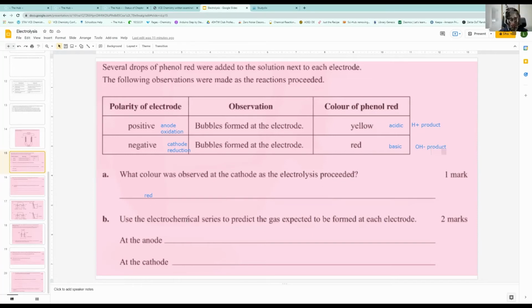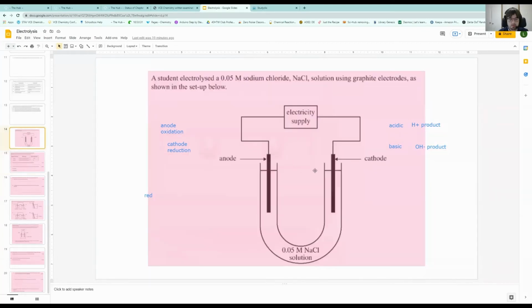Use the electrochemical series to predict the gas expected to be formed at each electrode. All right, I'll leave this on here for now. So remember, we've got sodium. I'm going to write these on the side. We've got sodium, we've got chloride, and we've got water.